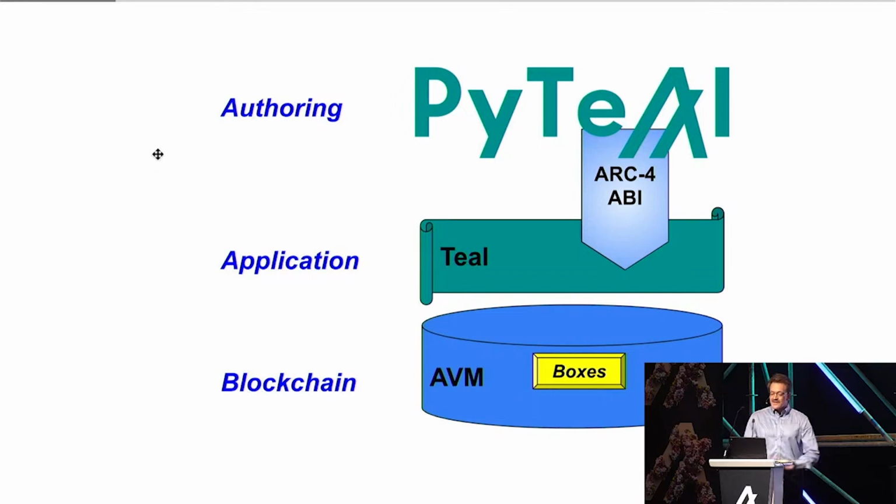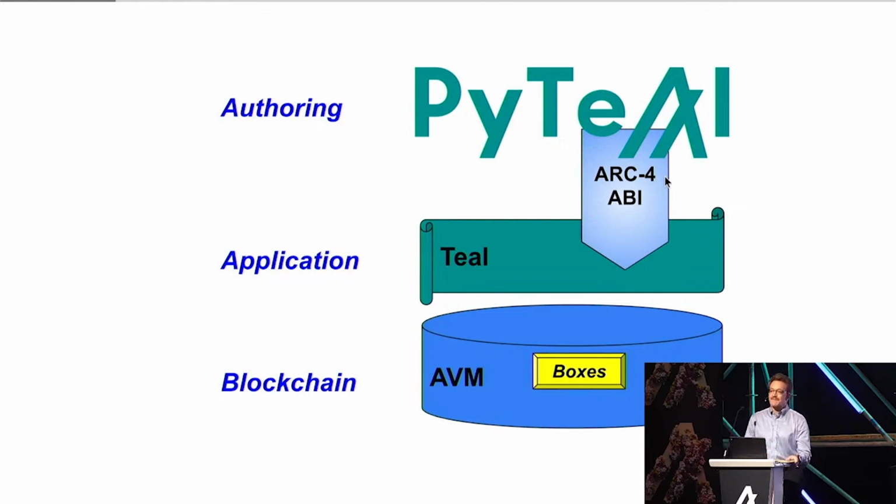Now, on the blockchain, this new capability for storage called application boxes is one of the topics we'll talk about, and we'll talk about how you use them in PyTeal. But also, I'll talk about ARC4, which represents the fourth Algorand Request for Comment, which describes the ABI, that is the application binary interface, which you can think of as a set of best practices for interacting with Algorand applications.